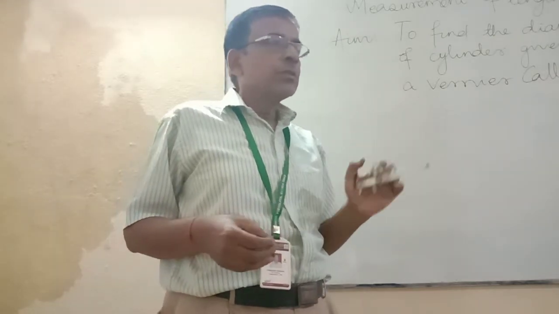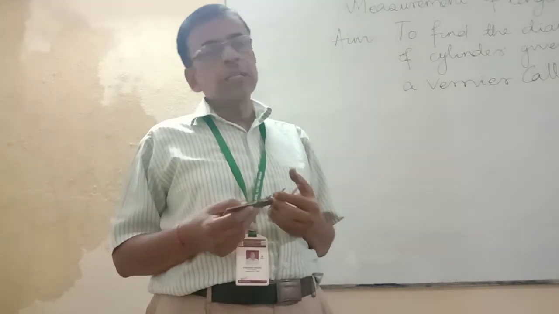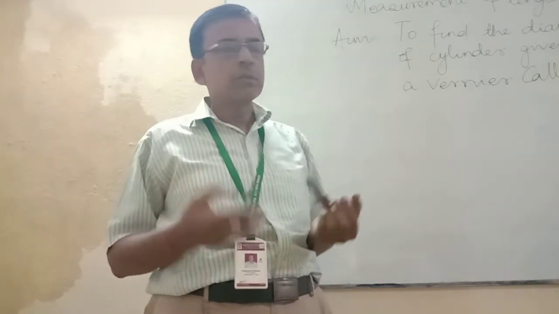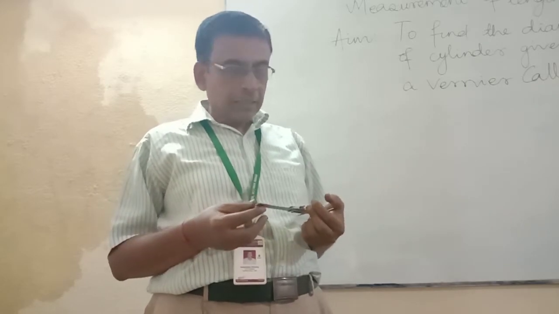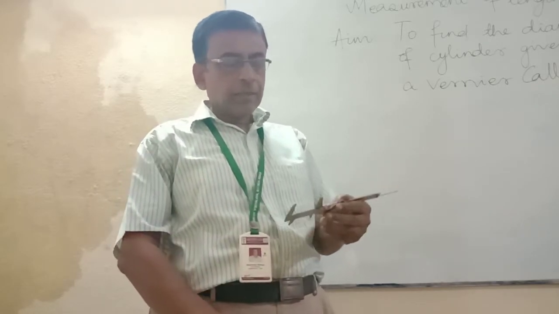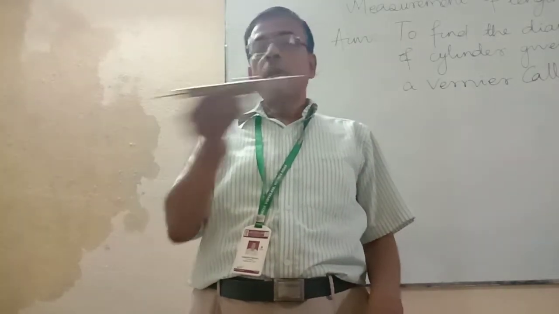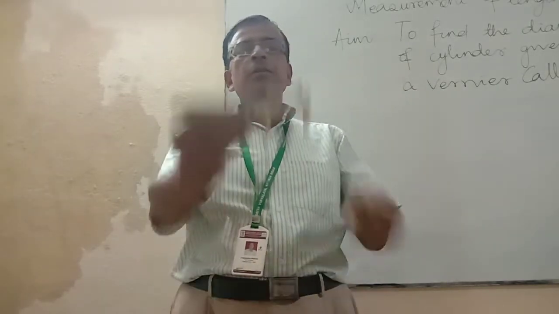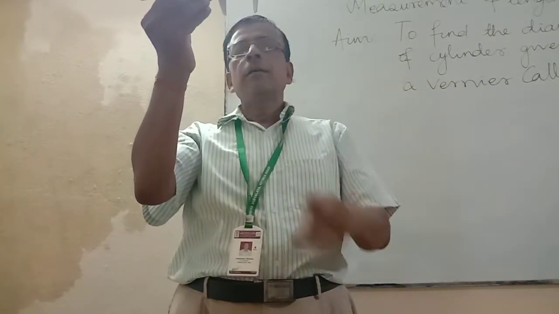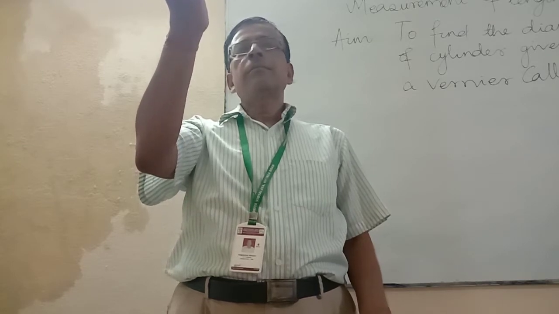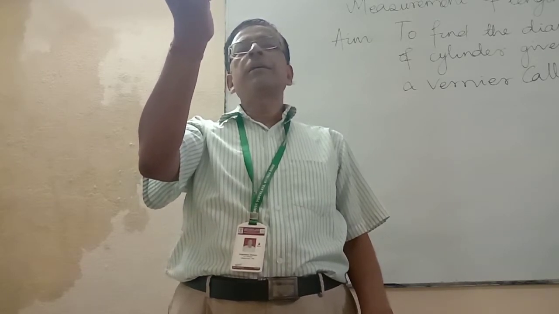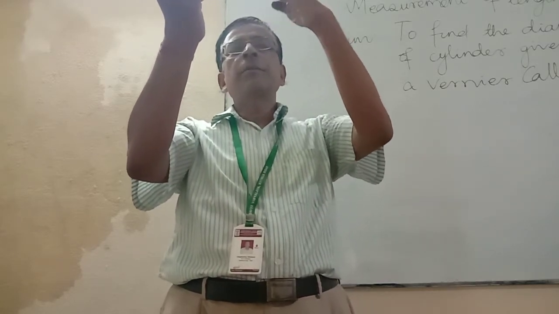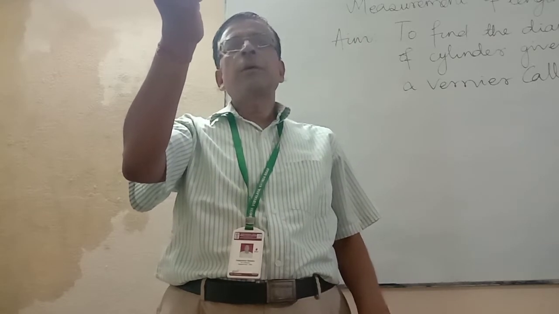As you know, the result of every measurement by any measuring instrument always includes some error. If you are observing from left or from right, there will be some parallax error, or from top or from bottom. It should be at the same level, same height, drawing a right angle, so that there will be no parallax error.